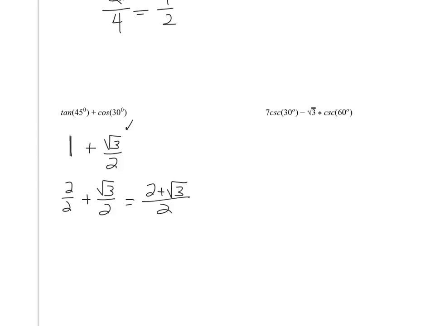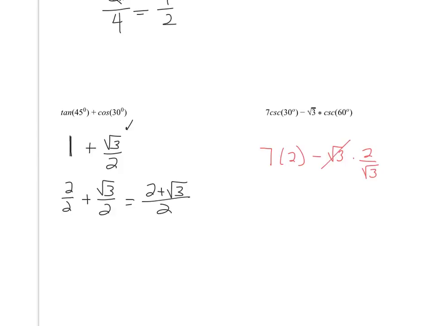Okay, our last one we have here is 7 cosecant of 30 minus the square root of 3 times the cosecant of 60. Now the cosecant of 30 is 2, so this would be 7 times 2, because again, from our chart before, cosecant of 30 is 2. And the cosecant of 60, pardon me, is 2 over the square root of 3.